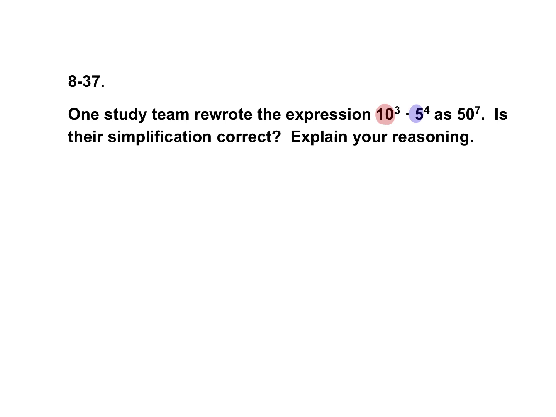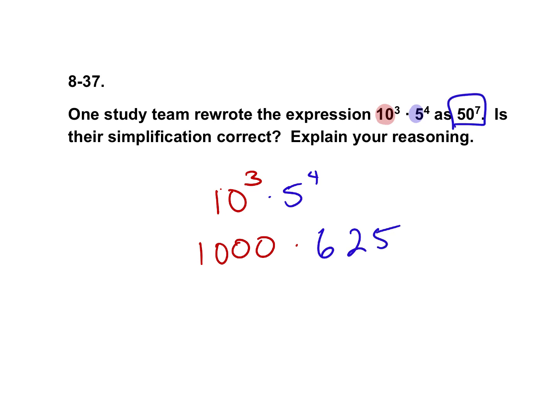So there is actually no simplification in this situation other than saying you could simplify it as 1,000 times 5 to the 4th power, which is 625, but you cannot combine that together to 50 to the 7th power.